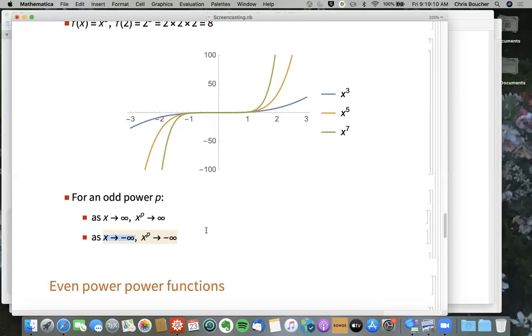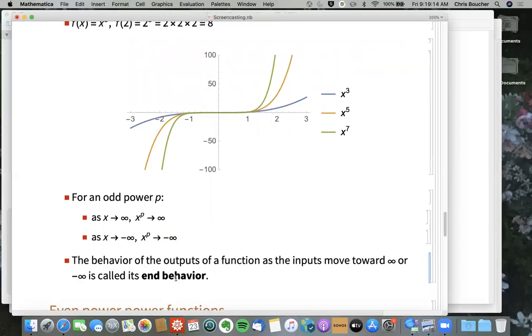So we have two end behavior questions about really any function, but especially in this case. This is just reiterating what I just said: the behavior of the outputs as the inputs move towards the end of the input line is called its end behavior. Notice, as x goes to positive infinity, if we look back up at the graph, that means we're moving to the right.